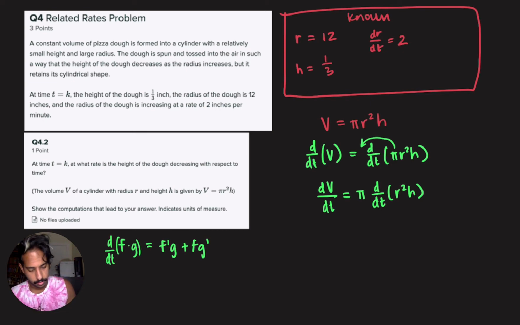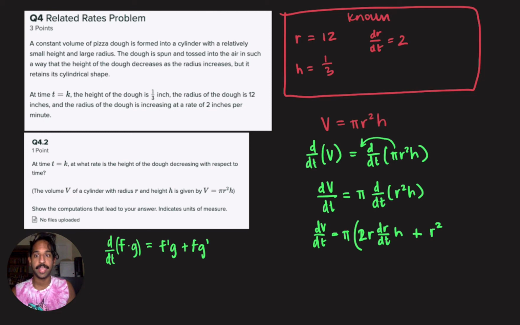So, going back here, dV/dt equals pi times the derivative of the first thing, r squared. What's the derivative of r squared? 2r. But since it's with respect to t, it's also 2r dr/dt, times the second thing, which is just h, plus the first thing, r squared, times the derivative of the second thing. h will just become dh/dt.